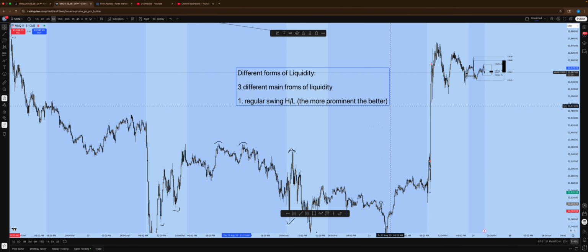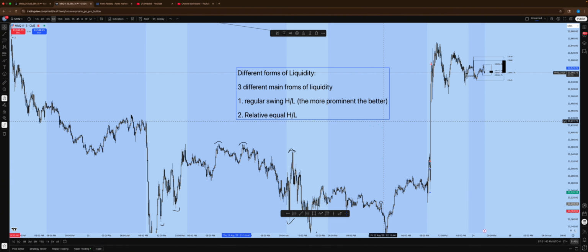The next form of liquidity that I want to go over is number 2, relative equal highs and lows. I'm mainly just saying relative because they don't need to be equal.